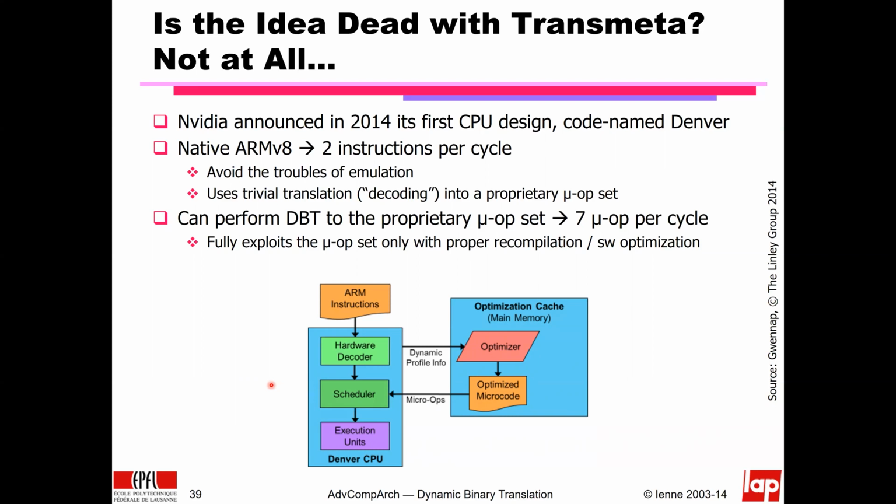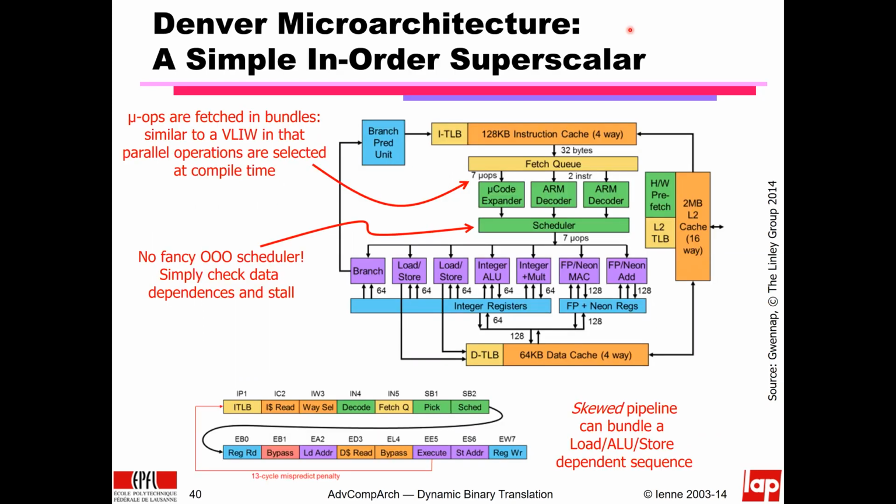My little revenge came when a few years ago, NVIDIA entered the ARM market by designing their own ARM processor, ARM V8, and decided to go for the same idea. You see in this slide a bit how the architecture works, right? You have essentially a simple in-order superscalar in the sense that it fetches 2 instructions per cycle and schedules.